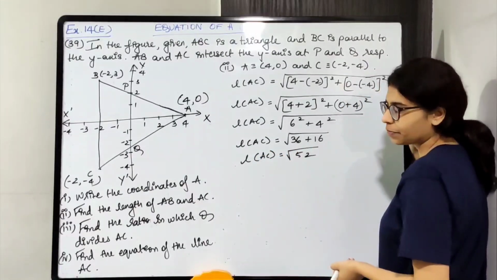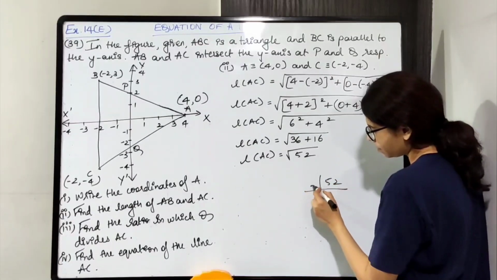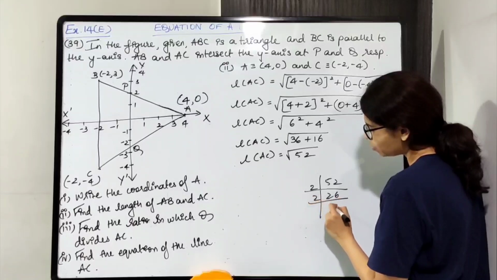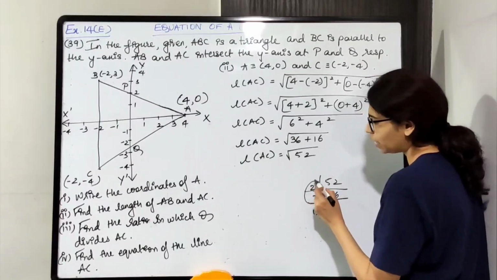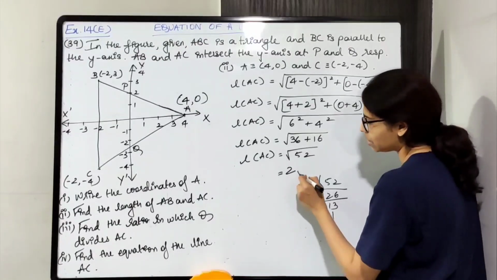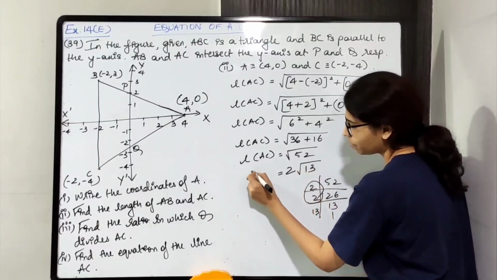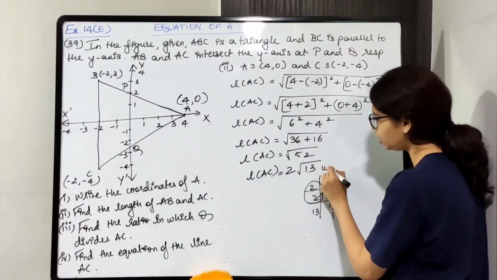Okay. Again factorize this. 2 26s are, 2 13s are, 13 1s are. So 2 का group बनाओ, एक ही 2 बाहर आएगा and 13 will remain inside. Okay. So length of AC is 2√13 units.